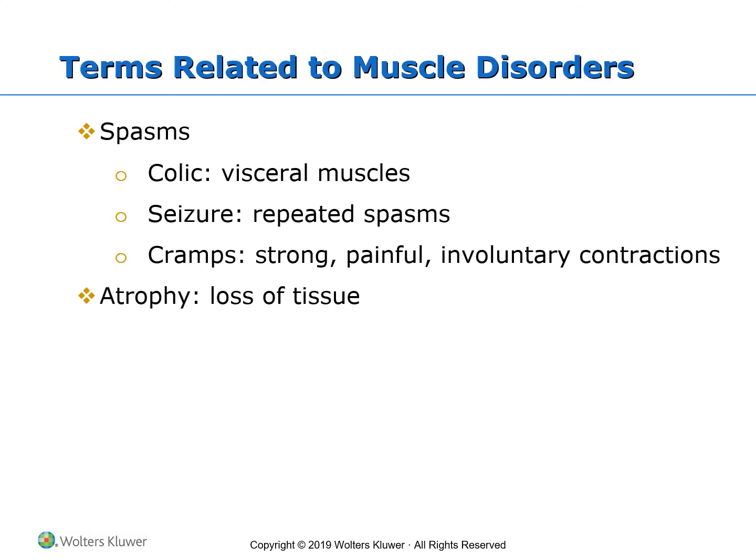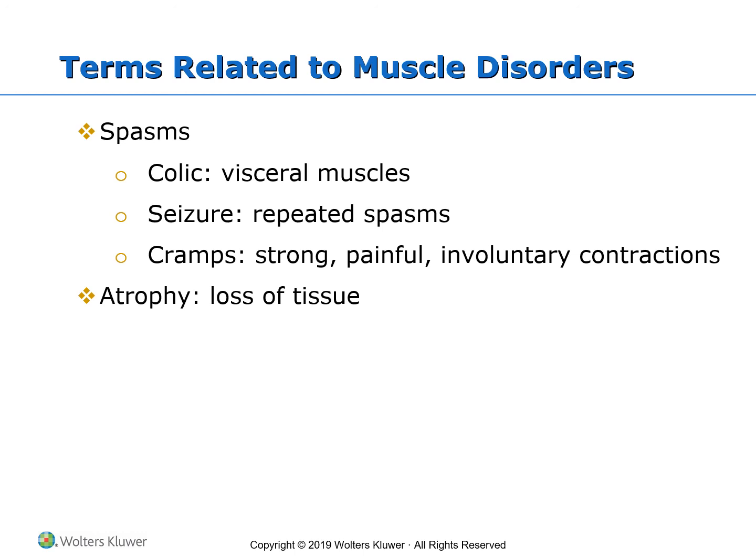Just to have a few terms that will allow us to have a common language. We call a spasm any type of sudden or involuntary muscle contraction, which usually is painful. We call a colic a spasm of a visceral muscle.